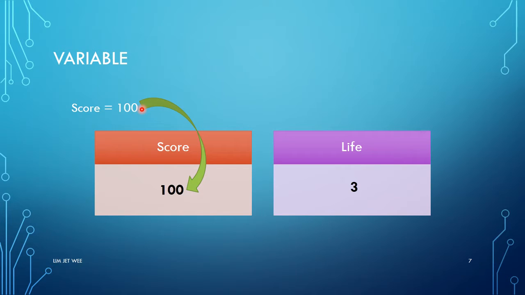And if I change the value of score from 0 to 100, maybe because I achieved a certain target, hit certain enemies, or grabbed candies, gold or diamonds, the 100 will now replace whatever value was inside, and the new value in the variable score will be 100.